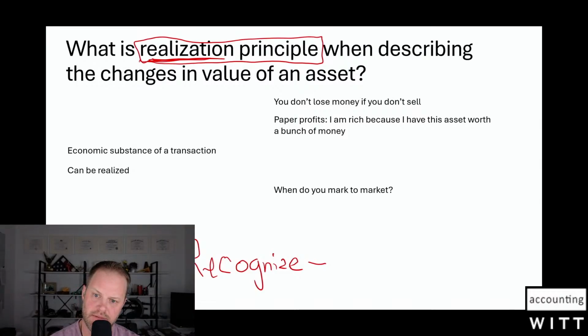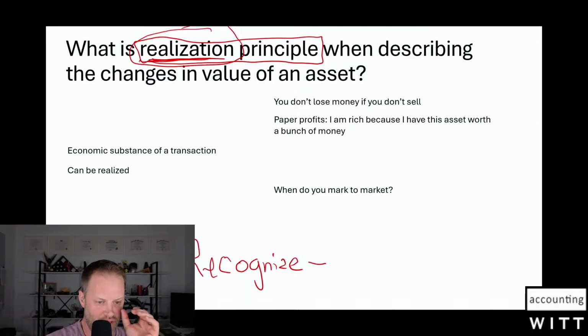Well, I could make the argument you are a millionaire if you have stock worth $1 million, even though you haven't sold it yet. You could make an argument that you've realized that value.